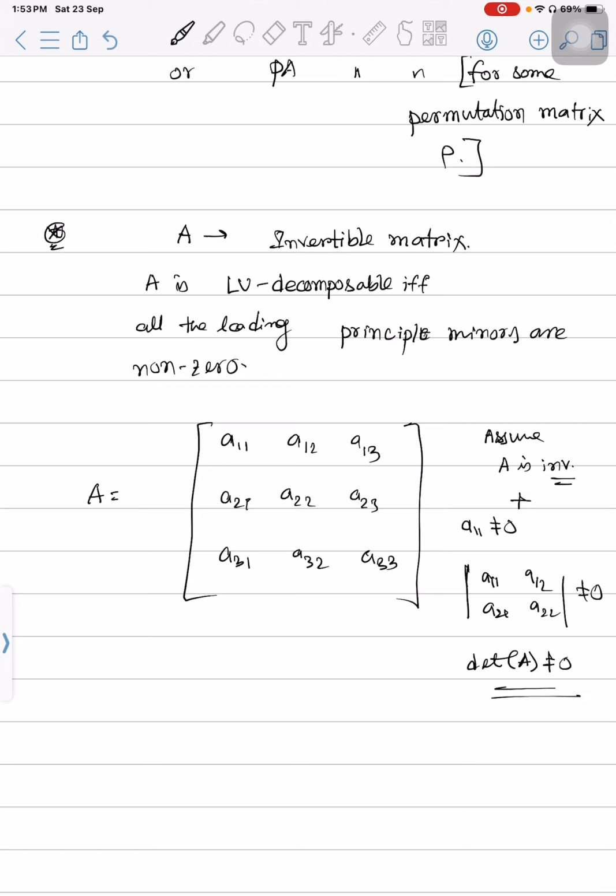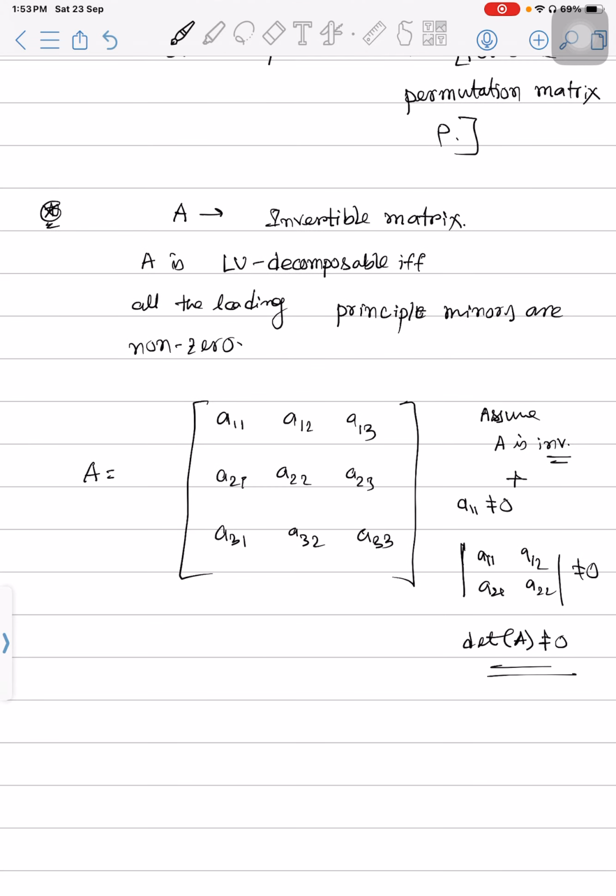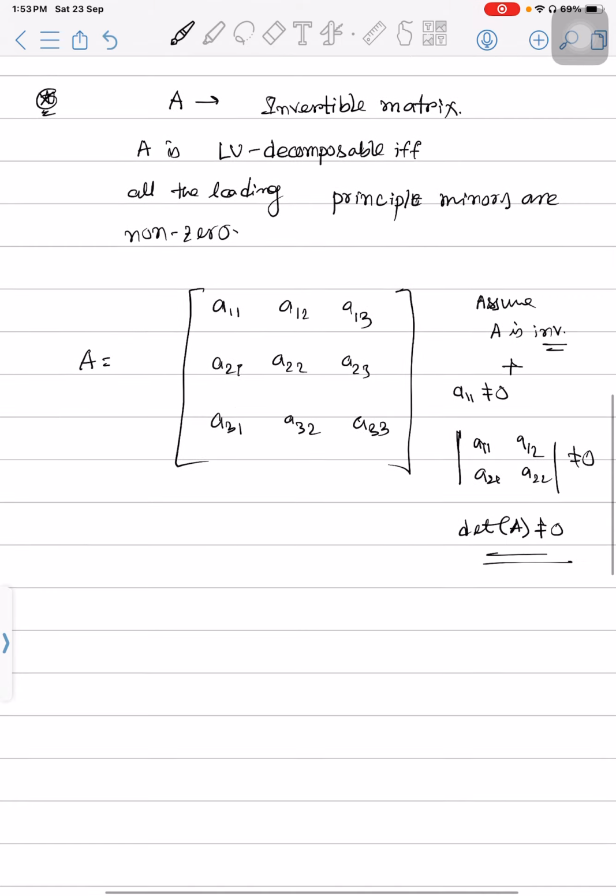If all those three are true, then we can say that A is decomposable. So this is a necessary and sufficient condition to predict whether an invertible matrix is decomposable or not. So after that, let's go back to that page.